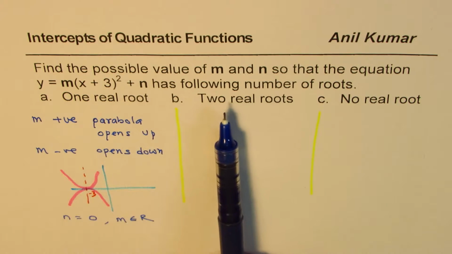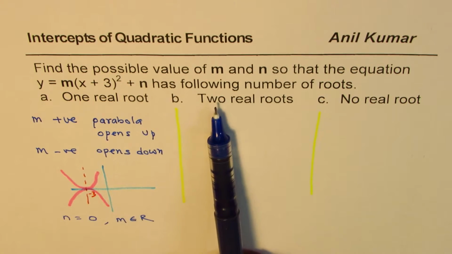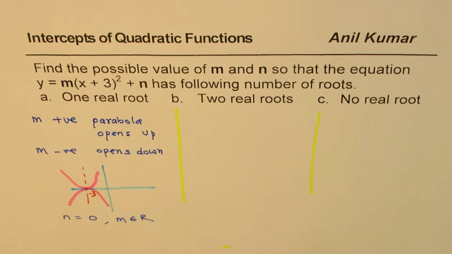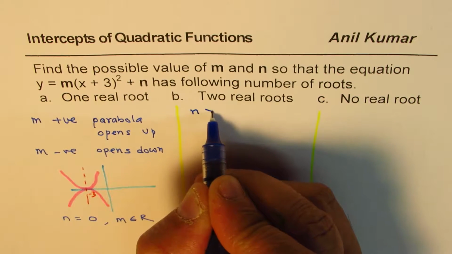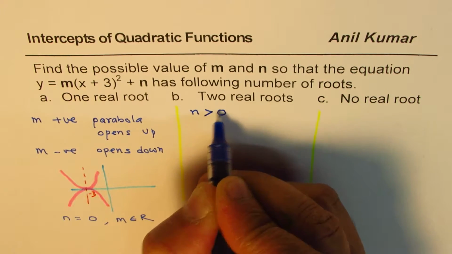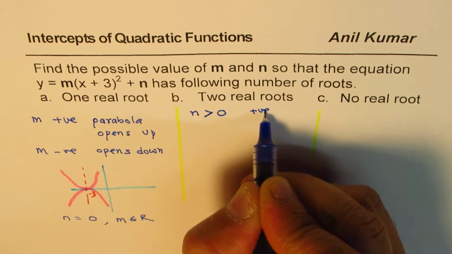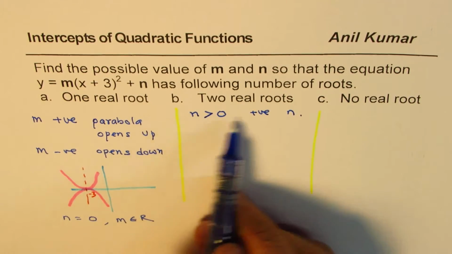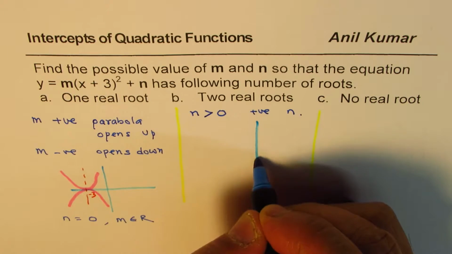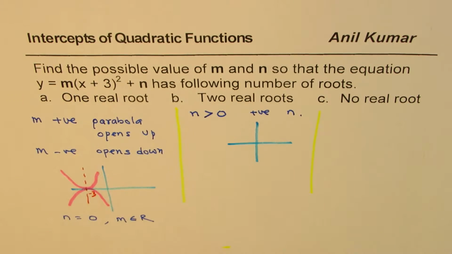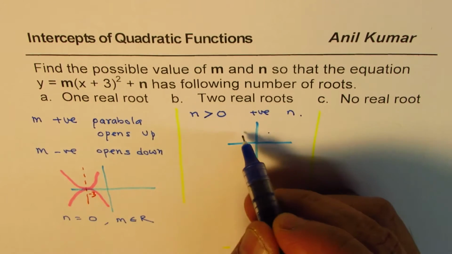Now let's look into the second case, when we want to find two real roots. Let us take a case when n is greater than 0, that means n is positive. In that case, the vertex is somewhere on the top, maybe here or there.